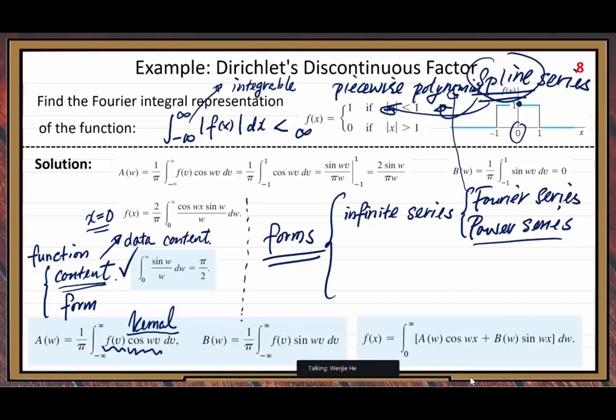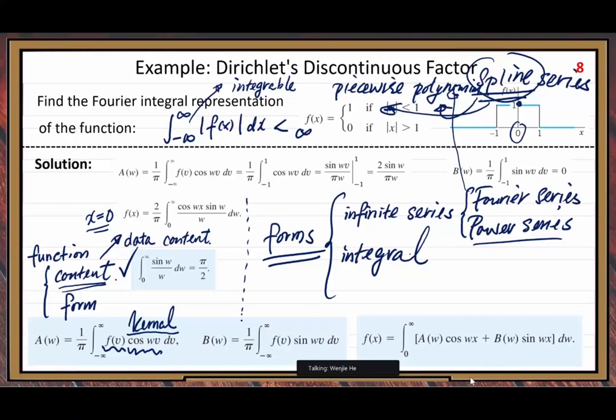So the infinite series representation form, or other representation, so integral representation. Here you see cosine integral, sine integral, right? Integral representation.